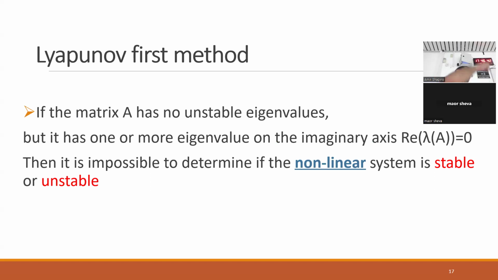So it means it's on the imaginary axis. So it's not on the open left half plane and not on the open right half plane. It's in the middle. Then we cannot say if it is stable or unstable. Then it is impossible to determine if the nonlinear system is stable or unstable. So in that case, it's not deterministic. We cannot say.